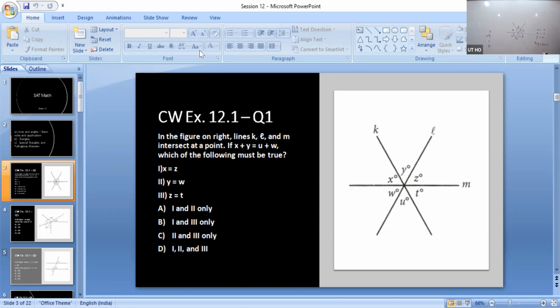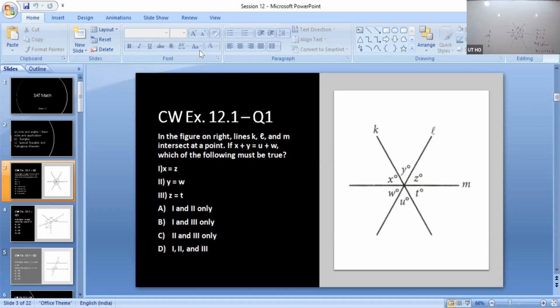So we can directly say X equals W. Now X equals W and X equals T also. And W is equal to Z, so X will be equal to Z. Now you can check the conditions.